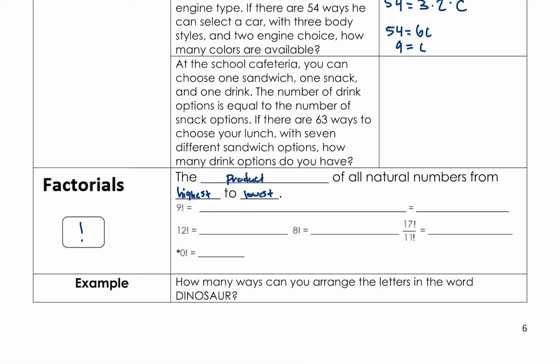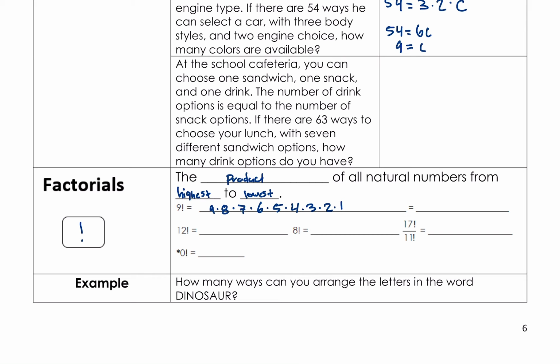So what that means is if I have 9 factorial, like written here, what 9 factorial means is 9 times 8 times 7 times 6 times 5 times 4 times 3 times 2 times 1. So it starts at 9 and it goes all the way down to 1.